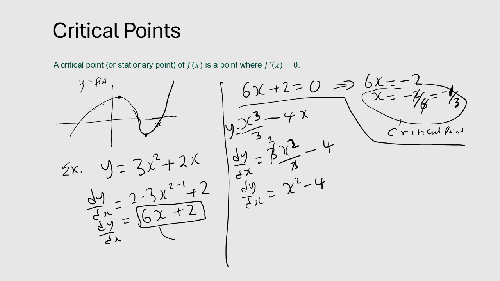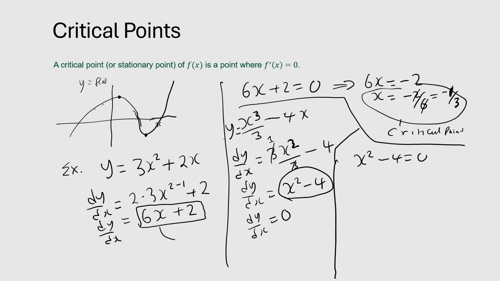To find the critical point, we set dy/dx equal to 0. So this implies that x squared minus 4 is equal to 0. Remember, whenever we have x squared minus something, we can write this as x squared equal to 4, and take the square root.